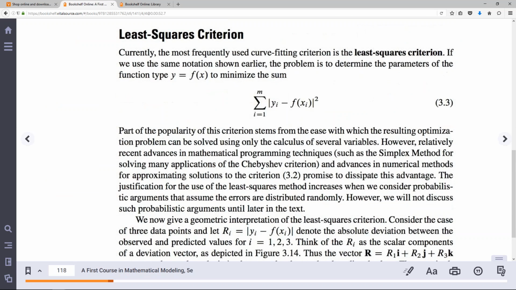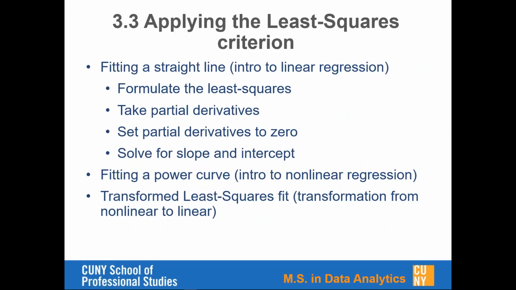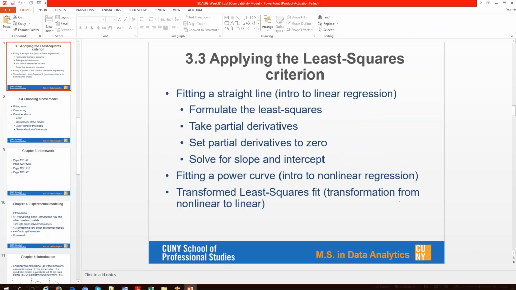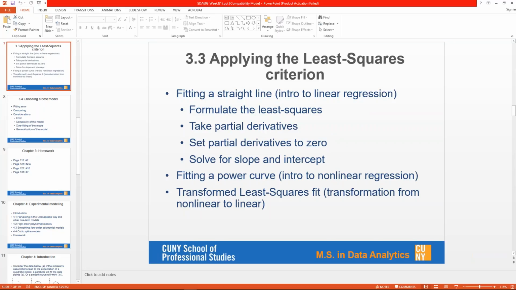If we take a look at the next question that we are going to discuss, that is the sum of least squares of error. Okay, for the sum of least squares criteria, let me go back there.